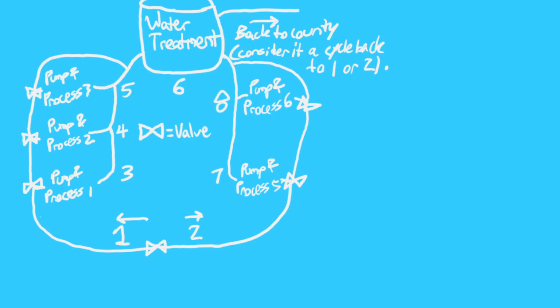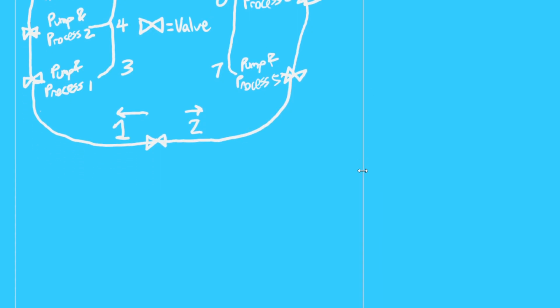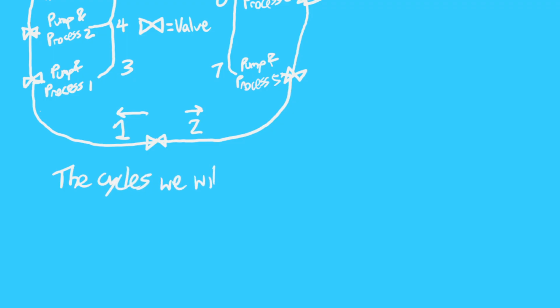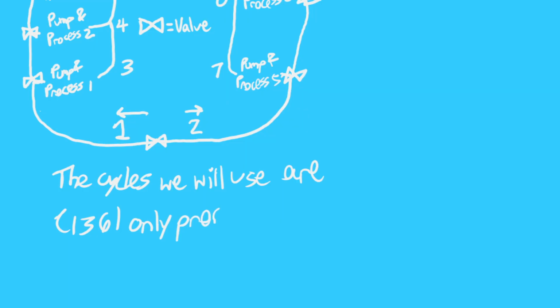Okay, so these cycles we will use: we have 1, 3, 6, and this is only process 1.